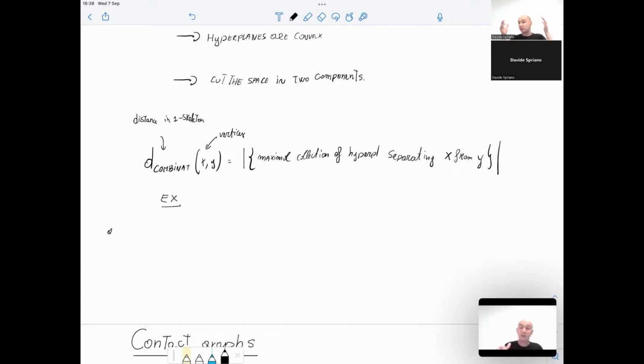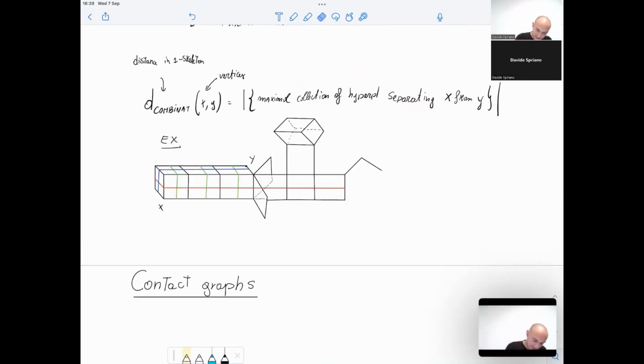So we just look at the graph which is made by the one skeleton, and we look at the distance in that graph between two vertices, x and y. This is the size of the maximal collection of hyperplanes separating x from y. And this phrasing is a bit weird. There is a reason why I'm phrasing it this way. It's really just, well, maximal collection is the weird part. It's just all hyperplanes that separate x from y. I just take all of them. And this is a count, and this is going to give me the distance. So let's take an example.